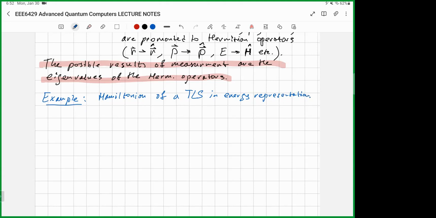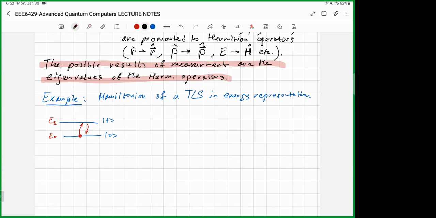So let's draw this system. This is state 0, this is state 1, right? And I have some sort of electron excitation that can go up and down between these states. The first state has energy E sub 0, the second one is E sub 1, right? So energies E0, E1 are attributed to these quantum states.